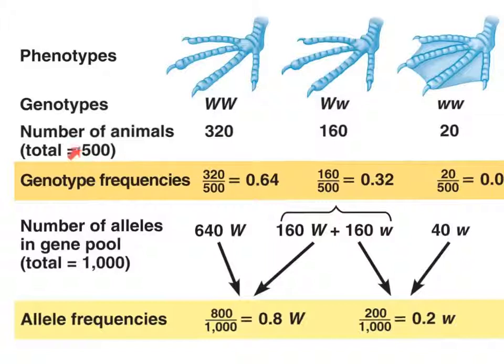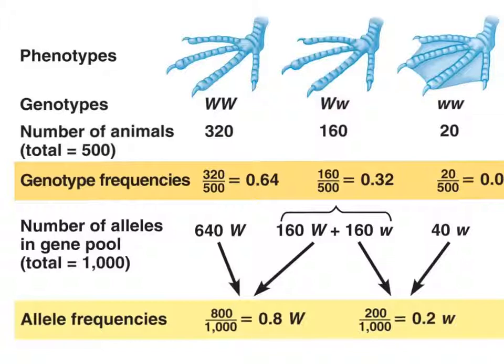You can also get that by taking your number of animals times 2, because each animal has 2 letters. We take our total number of big W's divided by our total number of alleles, and this gives us our allele frequency for big W as 0.8. This would be p.